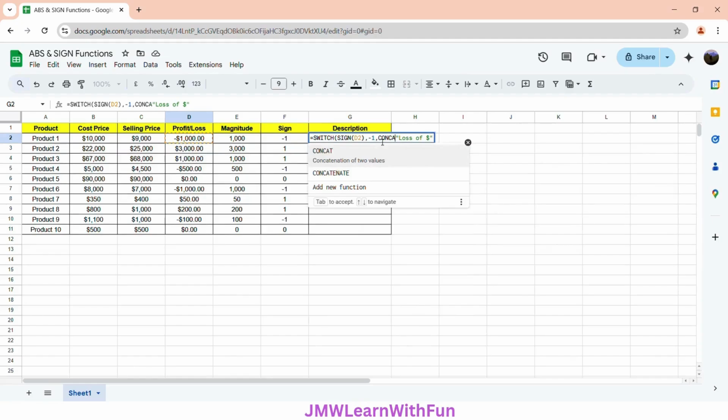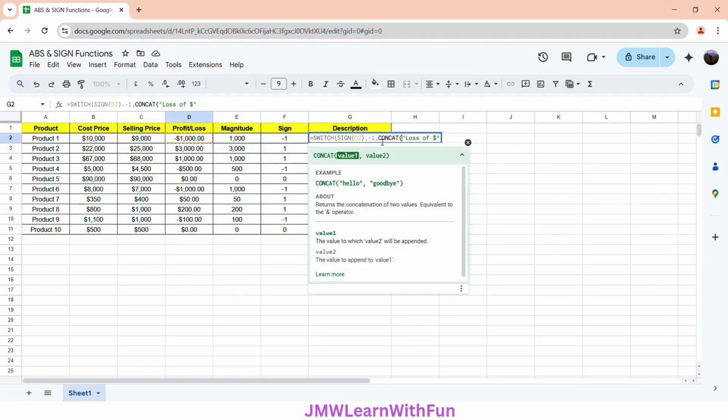We will concat loss of dollars with the profit or loss magnitude, that is, ABS(D2).